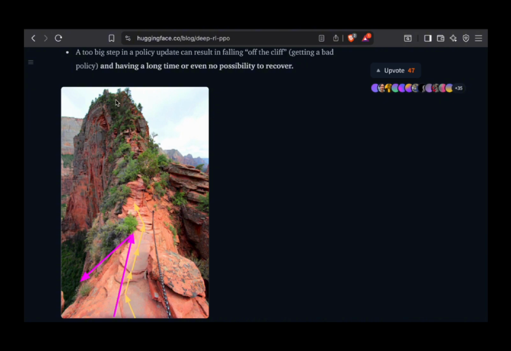optimal policy on top of this hill or whatever the mountain is, and these are the small updates that we want to make. But imagine one update of the policy is too big.